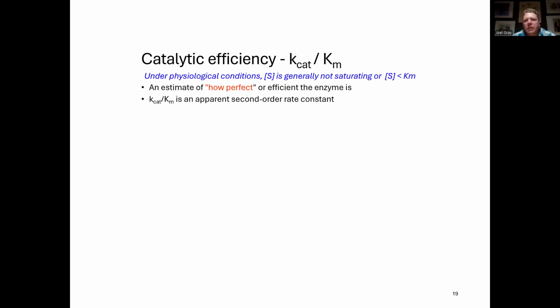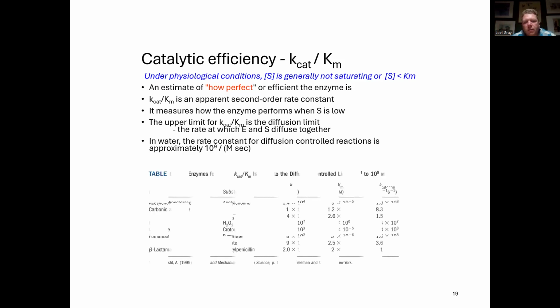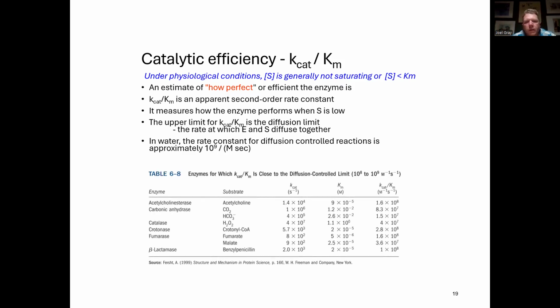Kcat over Km is an apparent second order rate constant. It measures how the enzyme performs when substrate concentration is low. The upper limit for kcat over Km is the diffusion limit, the rate at which E and S diffuse together. In water, the rate constant for diffusion-controlled reactions is 10 to the ninth per molar per second.